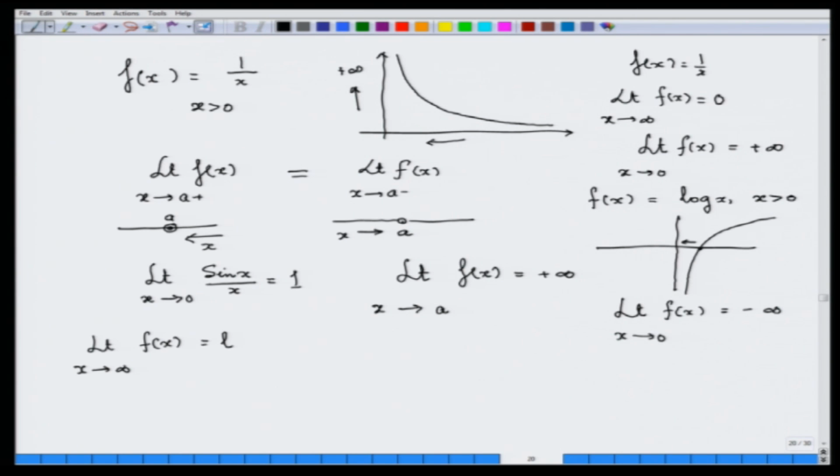For example, how do I write this in some sort of epsilon delta type thing? Of course, here you do not have epsilon delta business because the function f(x) goes up.